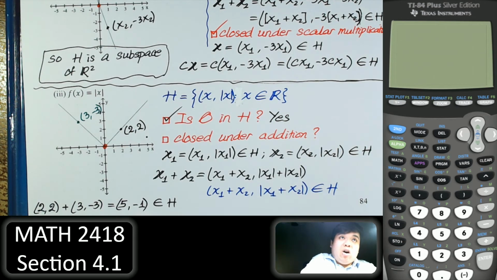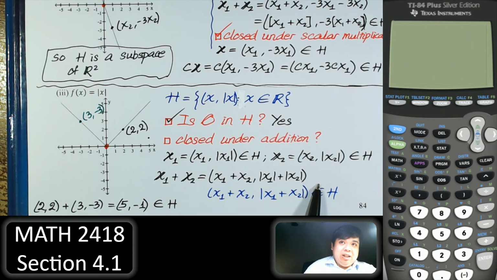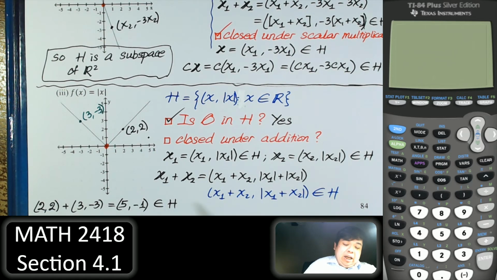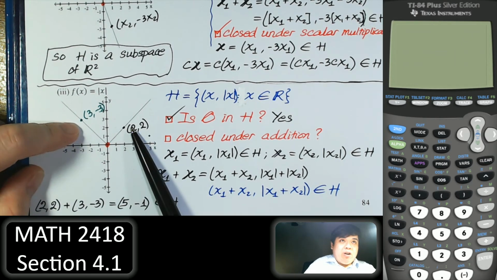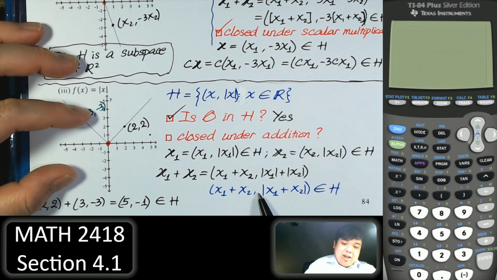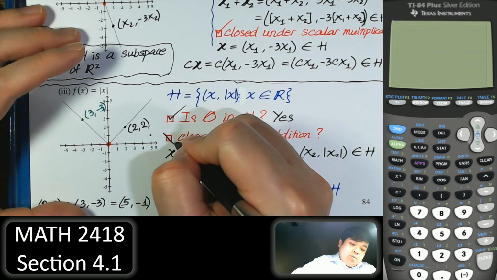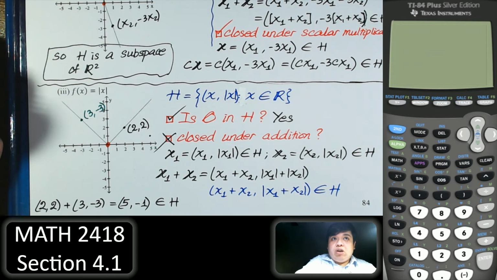It does not belong to the graph. Right? So why do I come up with this counterexample? Well, look at this. If x1 and x2 are both positive, then this will be true. It will be in H. But if we choose one point on this side and one point on the other side, when we add them, this and this will not be the same. So this one is not closed under addition, so it is not a subspace.